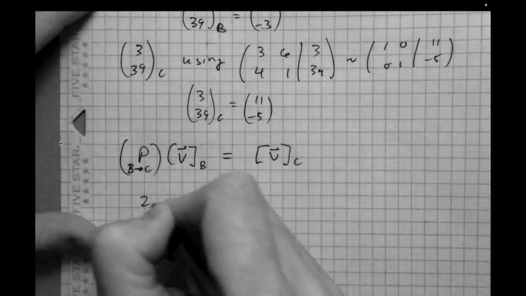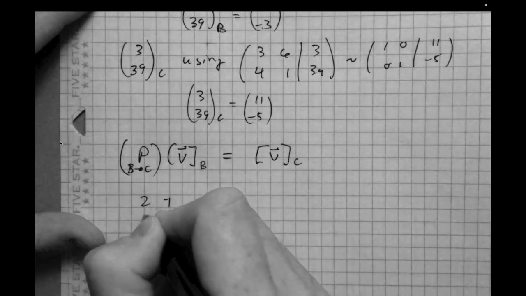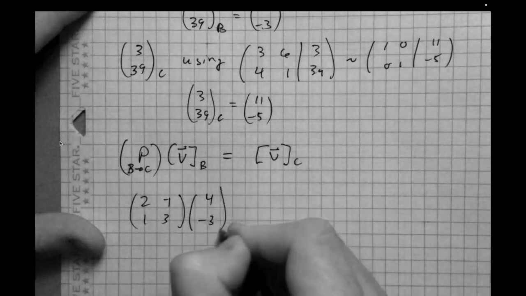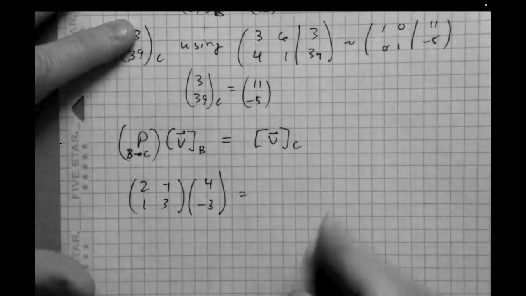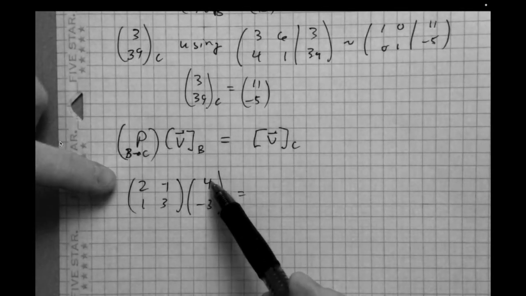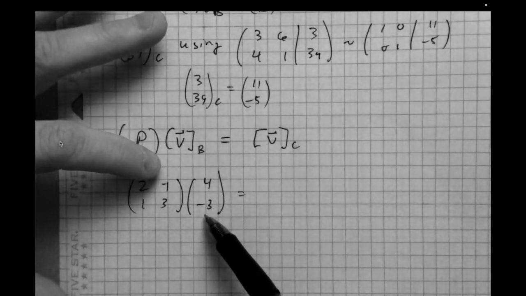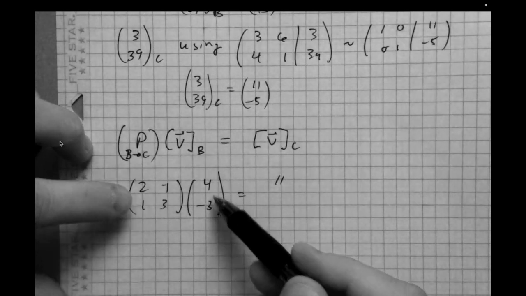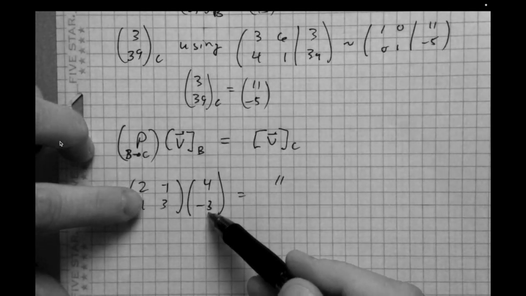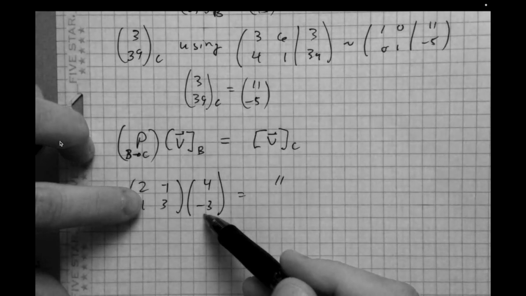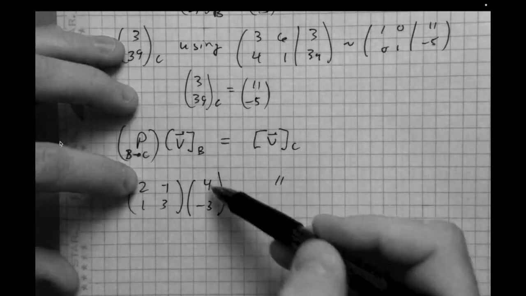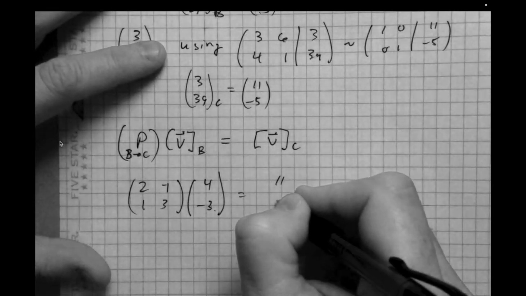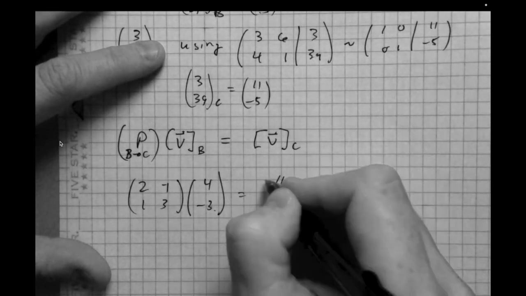So if I take this guy here, and I multiply it by this, I should get this. So let's see. 2, 1, 2, negative 1, 1, 3 times 4, negative 3 equals, and do the math here. So it's 2 times 4 is 8, plus 3, so 11. And 4 minus 9, so you get negative 5.